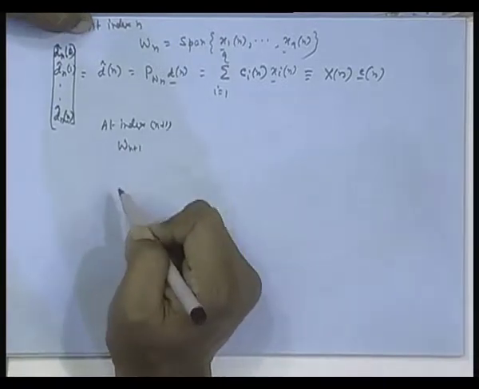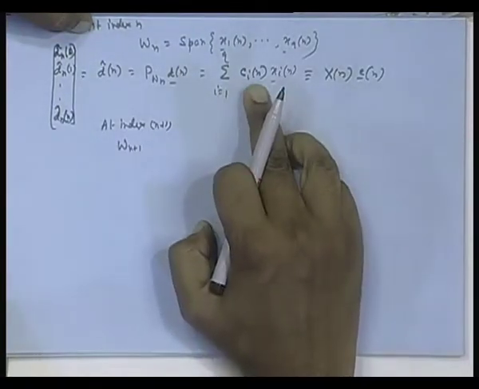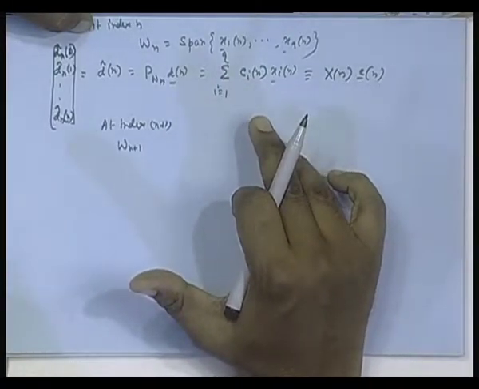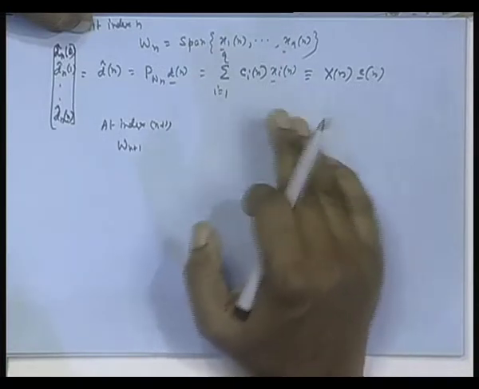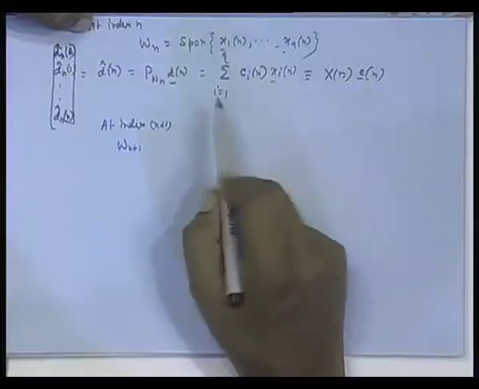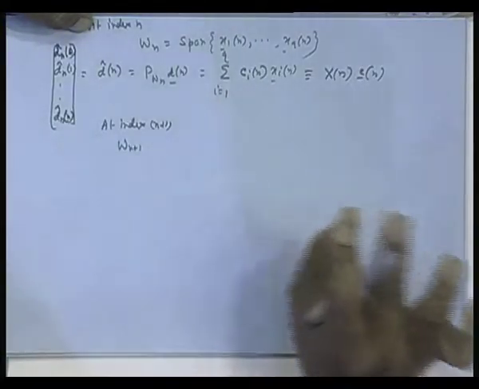Obviously, at index n plus 1, my new coefficients will not be Cin, but I will call them Cin plus 1, because they will be obtained by taking data up to index n plus 1. Obviously, they will be a better estimate of the optimal coefficients than Cin, because I took some more data in the averaging process. As time progresses, they will be better and better, because you are doing better and better averaging. Epsilon n square will become a closer and closer estimate of epsilon square as n becomes larger and larger. As a result, these coefficients will be better and better estimates of the optimal CI caps.